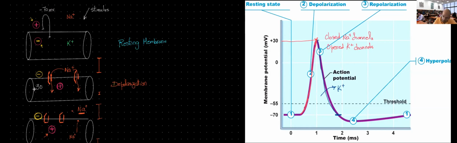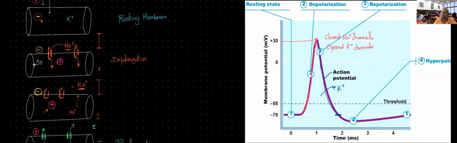Until when? Until the inside of the cell becomes more positively charged than the outside. Not only this, but it will reach 30 millivolts. So at this point, inside is more positively charged, outside is more negatively charged. This is a state of depolarization. I have lost my polarity.